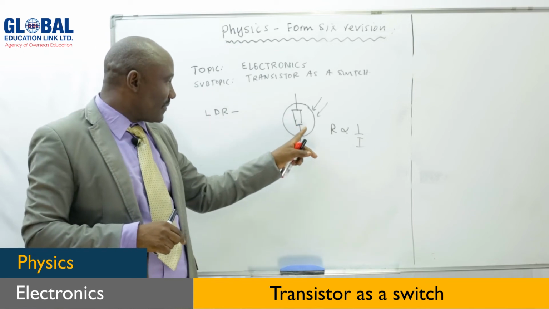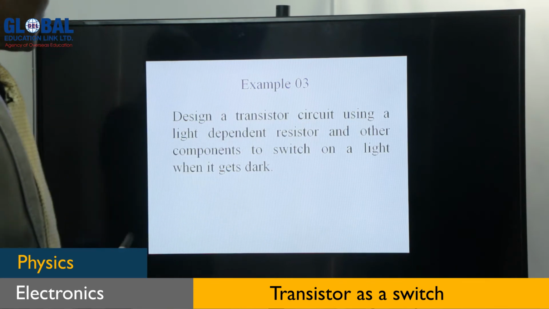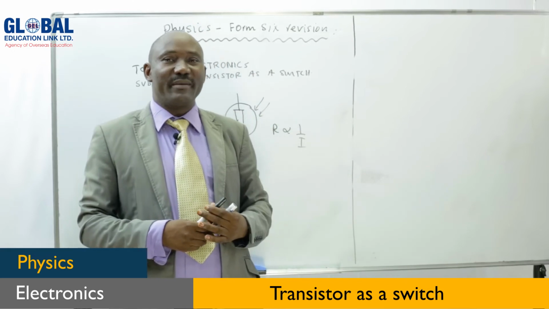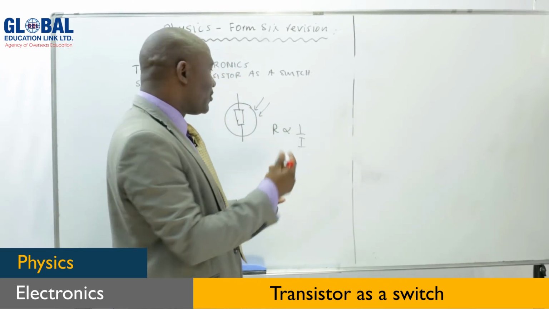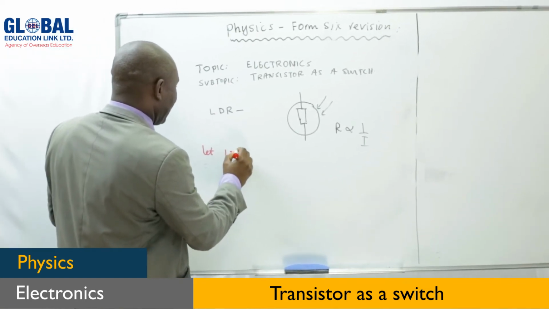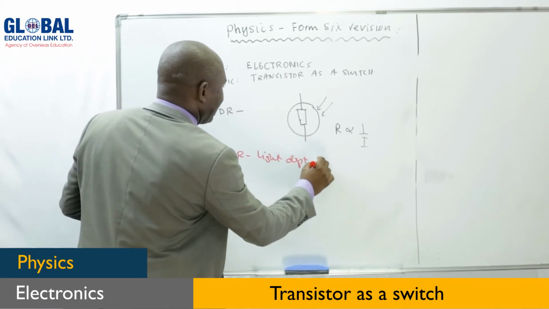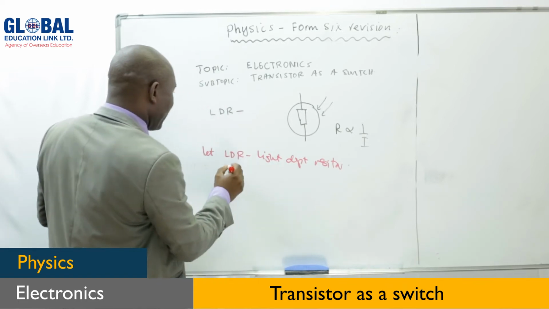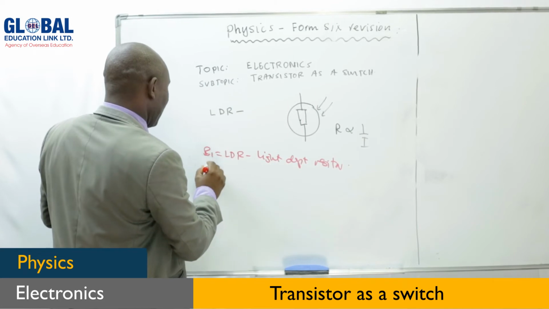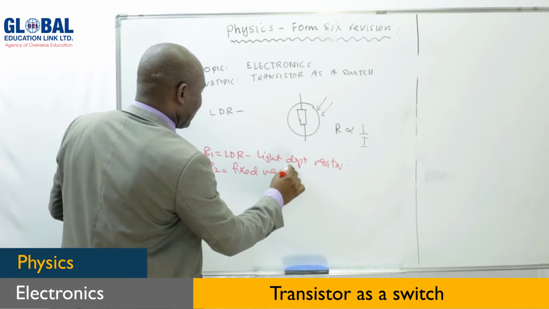So knowing this, you're supposed to use this component to design a circuit, together with other components. I remember I told you before that we normally use the common emitter transistor. So, step number 1: let R be the light-dependent resistor, and then we have R1, and R2 as a fixed resistor.